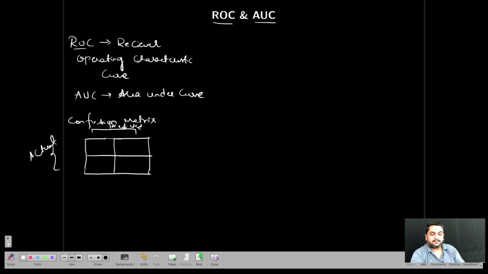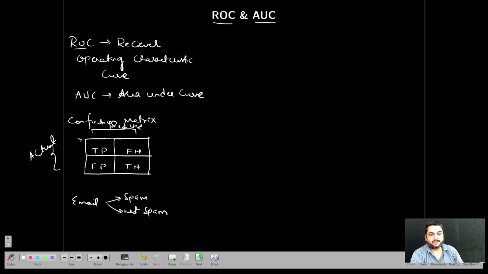Let us take an example of detecting an email as spam or not spam. Now the confusion matrix, we write it like this. This gives true positive, false negative, then false positive, true negative.